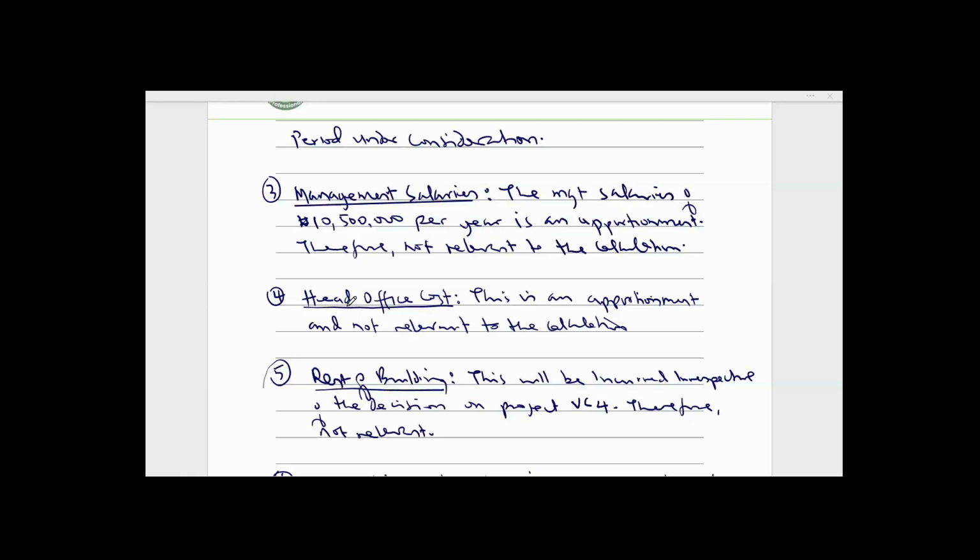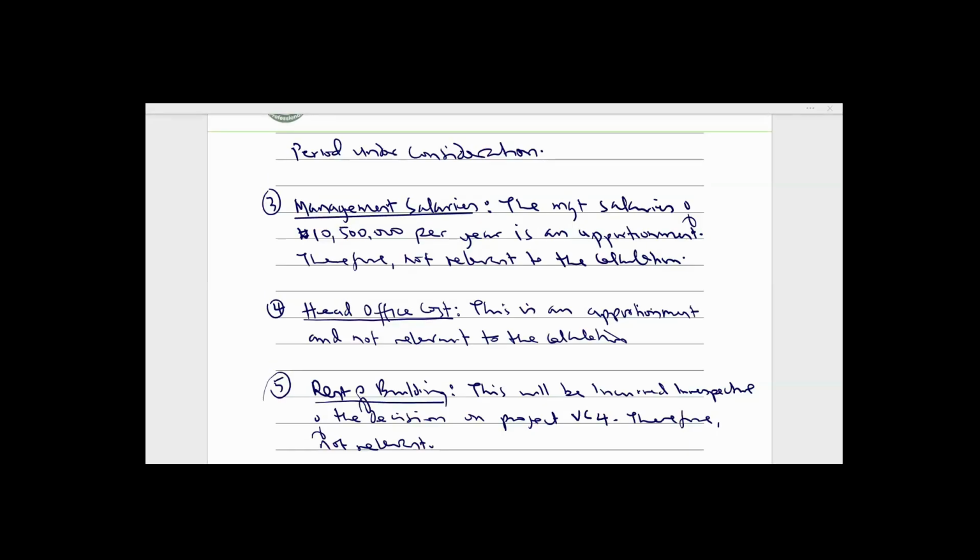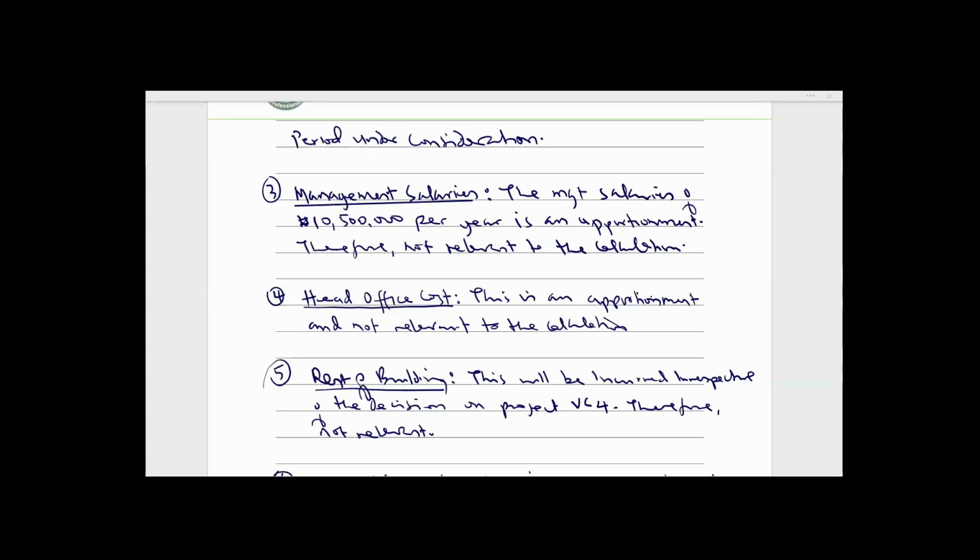But in the question, examiner mentioned that other annual overhead is 7 million. This 7 million includes apportionment of building rates of 2 million. That means out of the 7 million, the one that is not relevant is 2 million. You deduct it, then the balance is what is relevant that you are going to use. So that's the way we treated it, and that's what examiner expected of you.